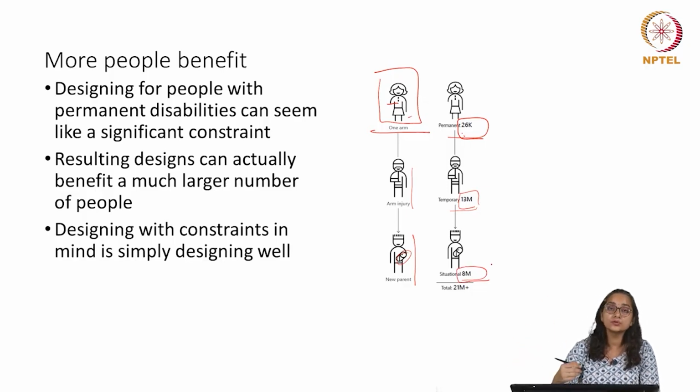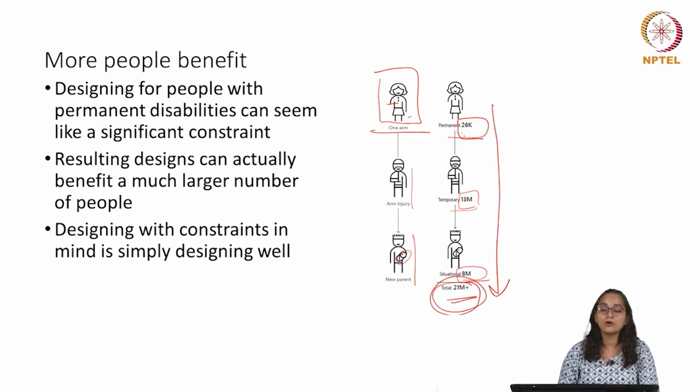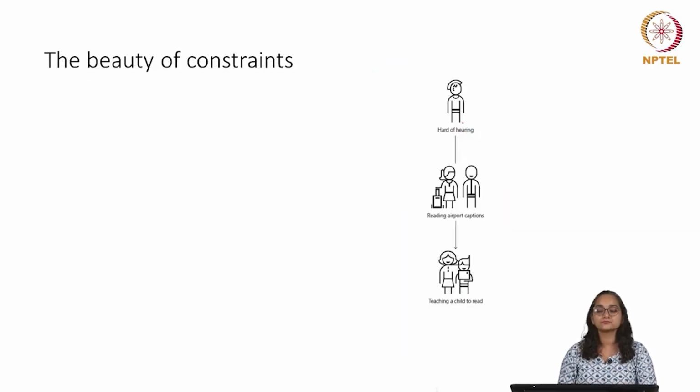So, if your solution can work for all of these, we are looking at a much bigger number of customers or users, potential users, as compared to only people who are permanently disabled or the traditional definition of disability. So, it is also an economic benefit for the organization. It's not really just a pro bono act.